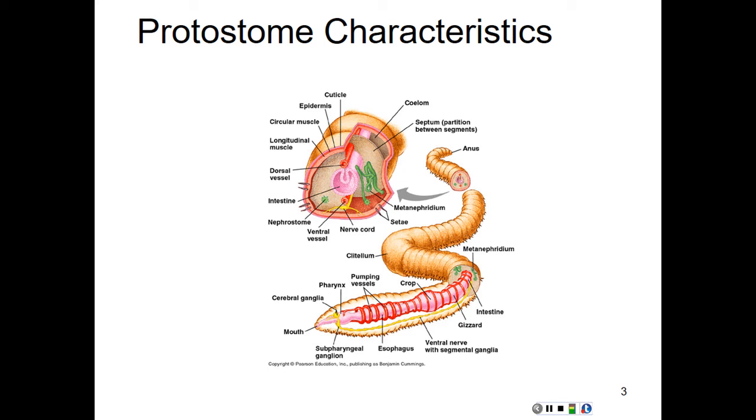Okay, so let's look at this earthworm, which is an example of a protostome, and look at some of these features. We can't really see the developmental feature of the blastopore becoming the mouth, but that's what happens. We do have an interior brain that's up next to the entrance of the digestive cavity, which would be the mouth. It's not always a very complex situation.